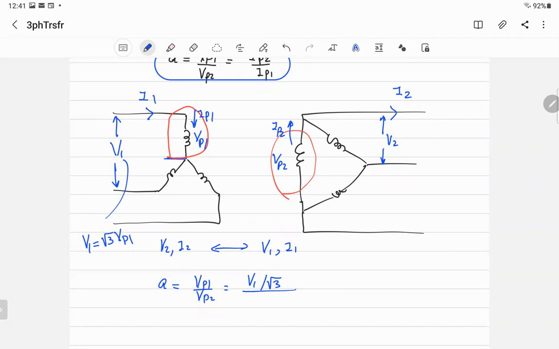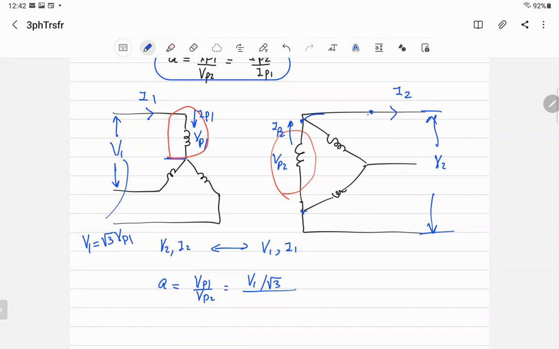What about the phase voltage on the secondary side? V phase 2, because it's delta, this point is the same point as that point here, and this point is the same point here. It's the same thing. Another voltage across the line, that's V2, from this line to this line, right?